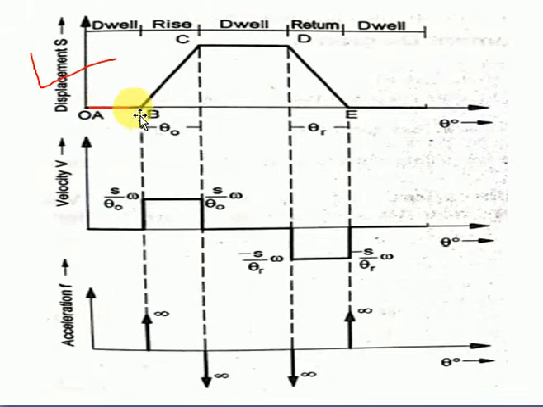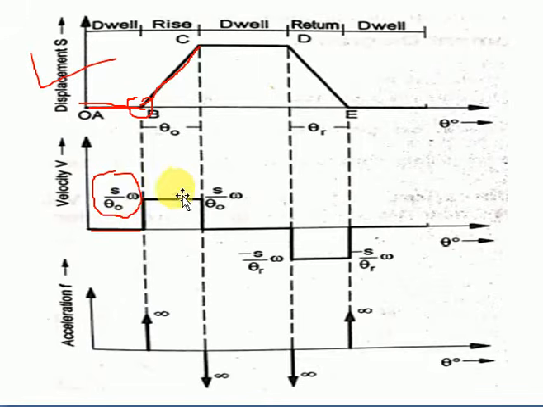During this period the velocity is considered 0, and from here the follower starts to rise with uniform velocity. At that time the velocity will be s upon theta 0 into omega, and omega is the angular velocity of the cam, right?